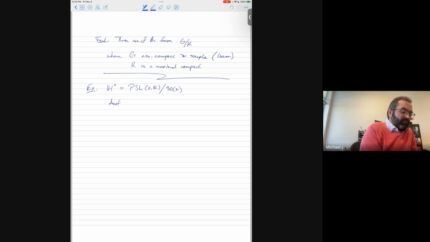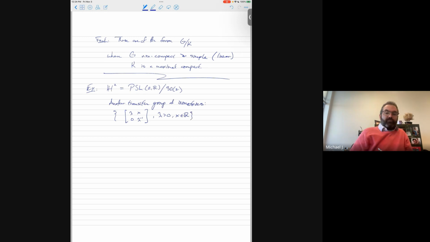So another transitive group of isometries. I could take the upper triangular matrices. And it's easy to see this acts transitively just because, in general, we have something called the Iwasawa decomposition. So let me remind everyone what this is.